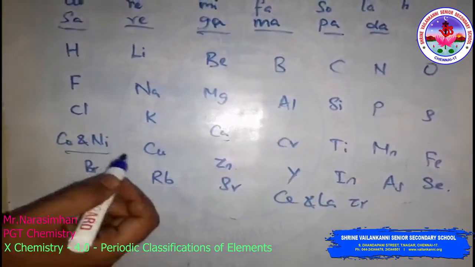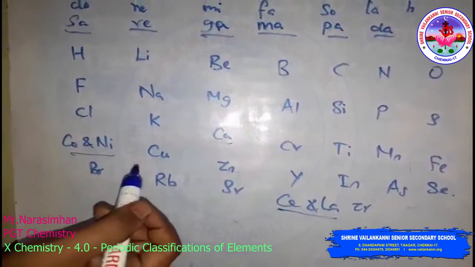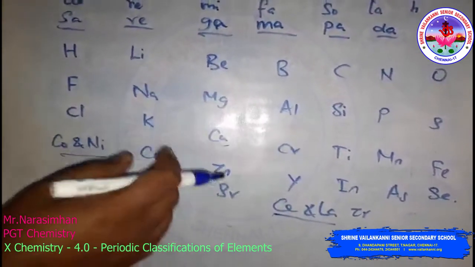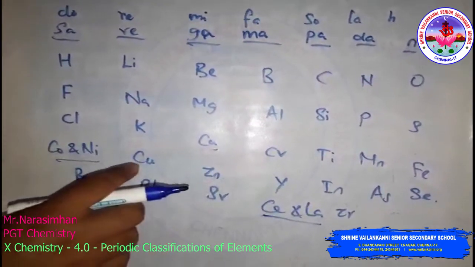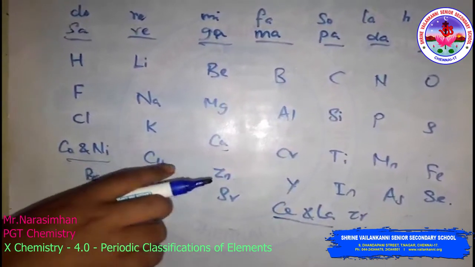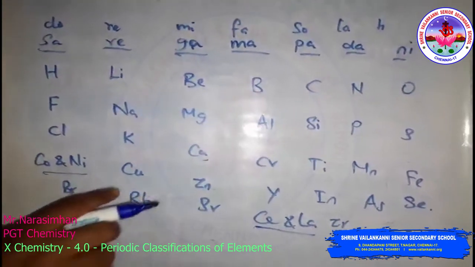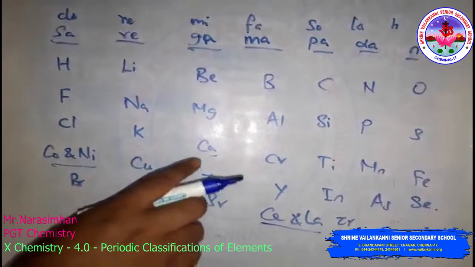Similarly, cerium and lanthanum. Here fluorine, chlorine, bromine have very different properties from these elements. Iron, which resembles cobalt and nickel in properties, has been placed far away from these elements. So these are called Newland's octaves, the law of octaves.